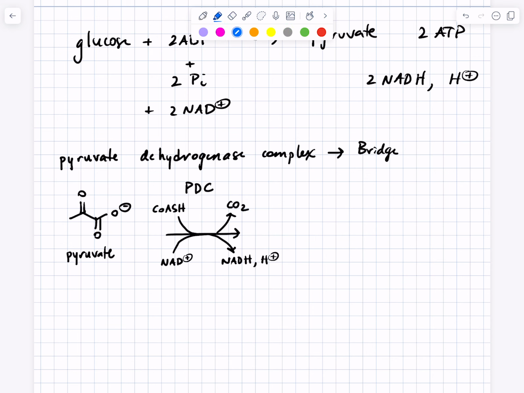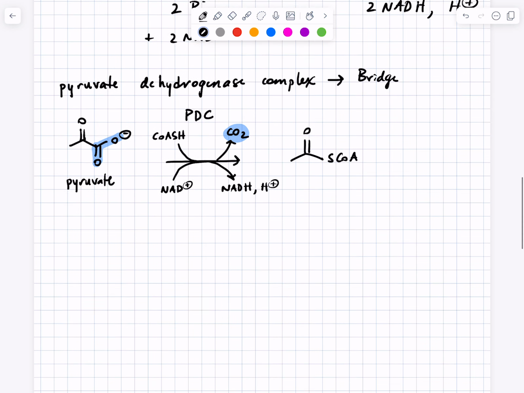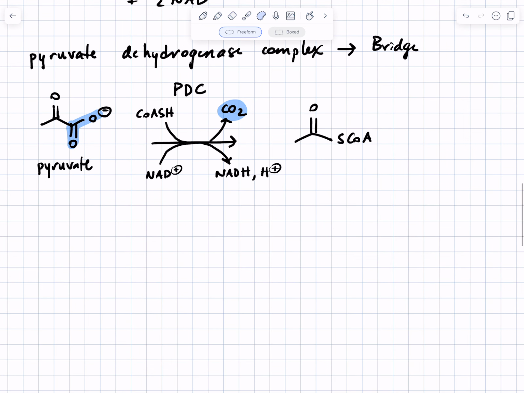This carbon here and its oxygens are going to be lost as CO2. The remaining two carbons are going to be acetyl-CoA. And then within the pyruvate dehydrogenase complex, there are some cofactors that are really important for making the process happen.